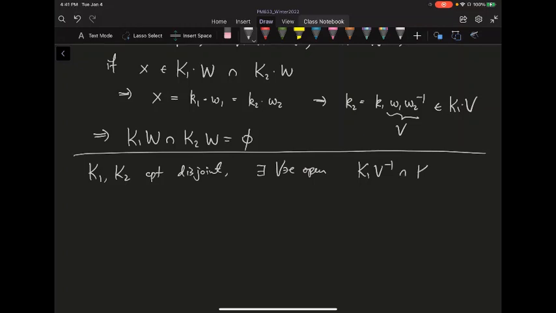So I have K1 V intersect K2 V inverse equals the empty set. In particular, if I have every U contained in this V, then clearly K1U and K2U inverse also separate K1 and K2. You get something smaller, so that's clearly also disjoint.